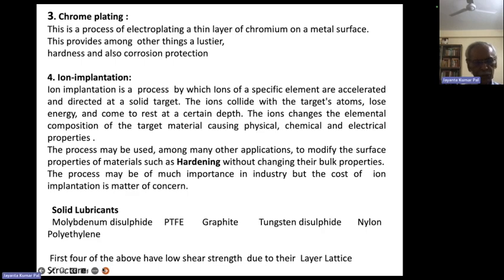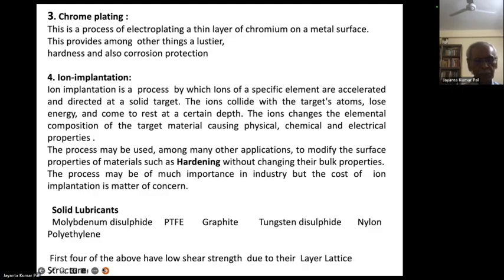But this is not so. There are a number of compounds such as molybdenum disulfide, PTFE, polytetrafluoroethylene, graphite, tungsten disulfide, nylon, polyethylene.